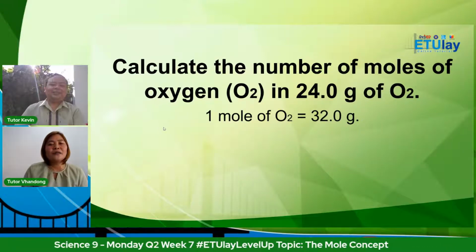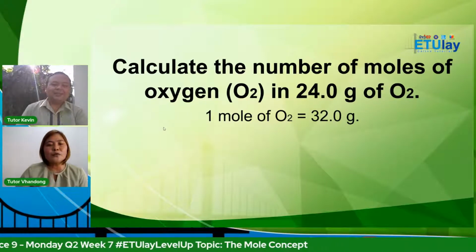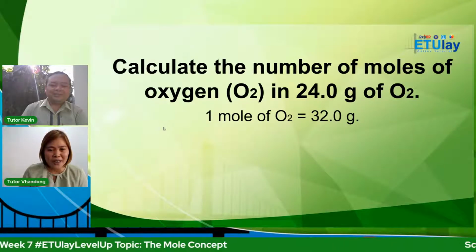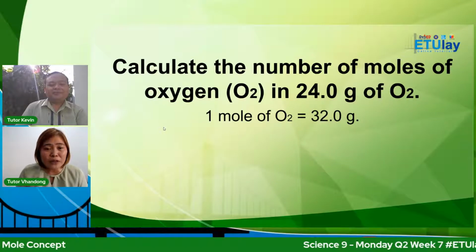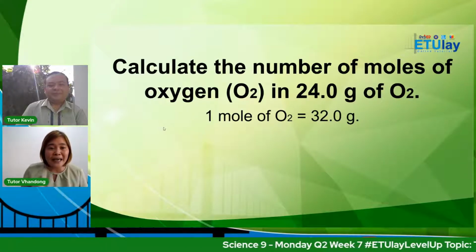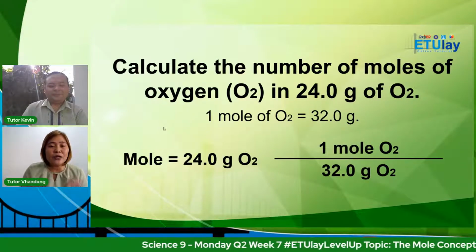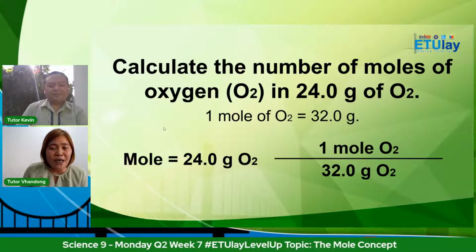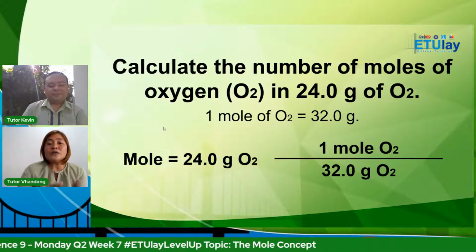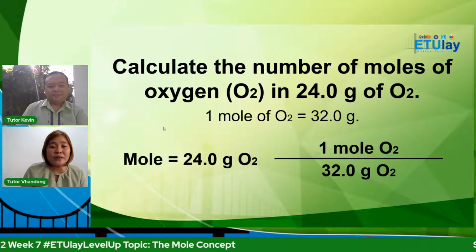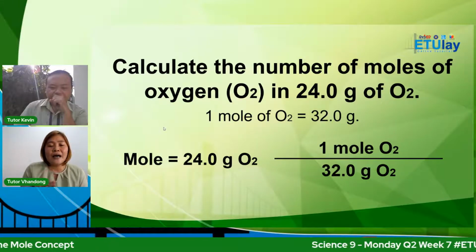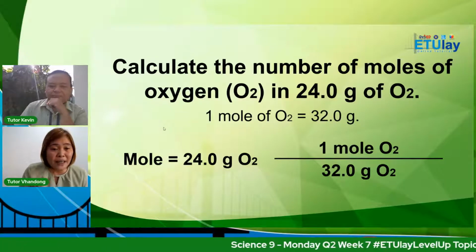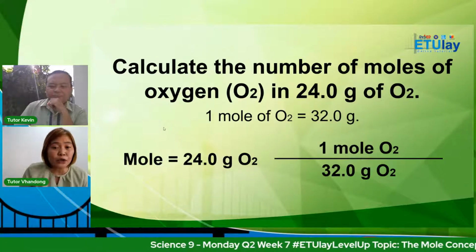Calculate the number of moles of oxygen, O2, in 24.0 grams of oxygen. Remember, 1 mole of oxygen is equivalent to 32.0 grams. So in solving the mole, we have 24.0 grams of oxygen, and 1 mole of oxygen is equivalent to 32.0 grams.